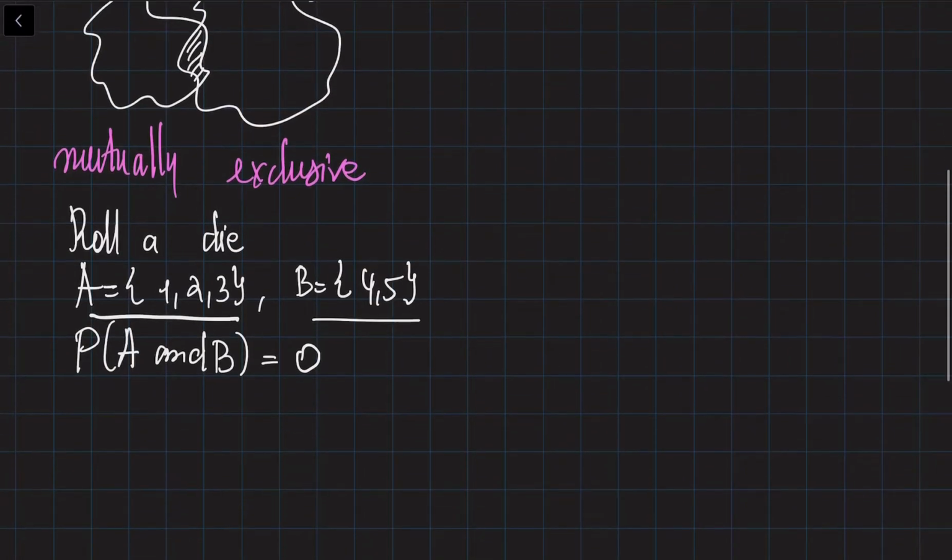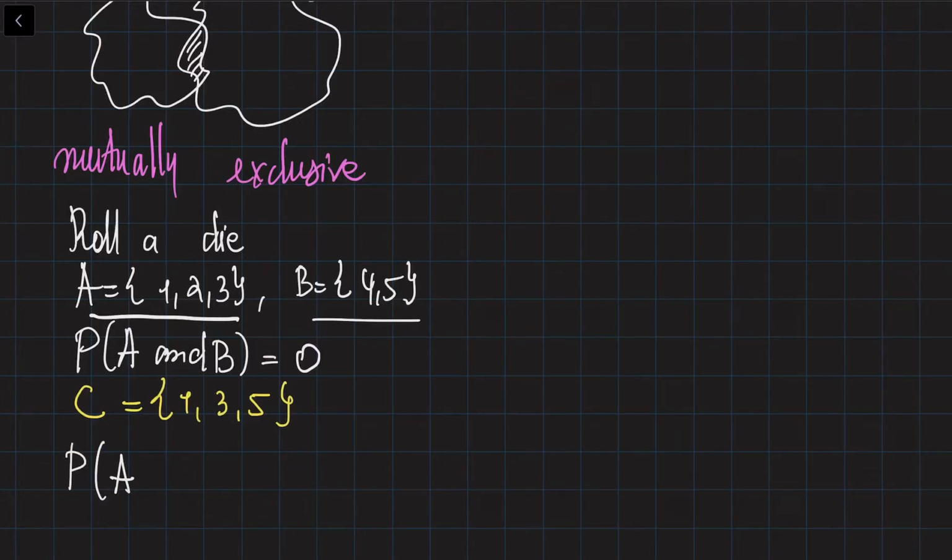If we change this a little bit, for example, let's say I've got another set C, which is going to be 1, 3, and 5. And if I would like to find, for example, the probability of A and C, in this case I need to find the elements from A and C which are participating in both of the sets at the same time. So for example, 1 and 3 are included in both of the sets, and the probability of A and C in this case is going to be 2 over 6, right?